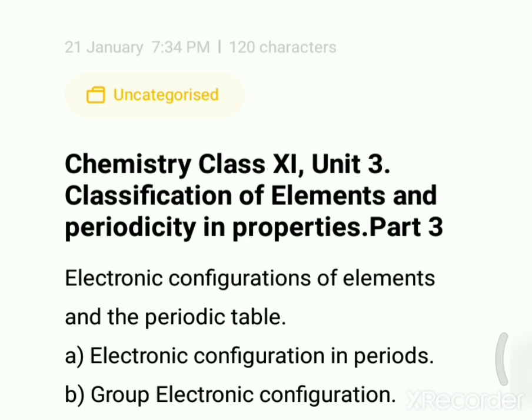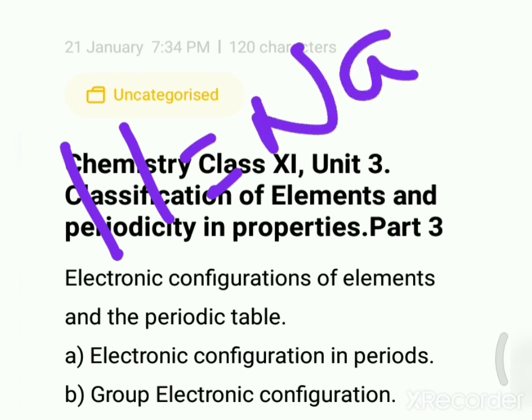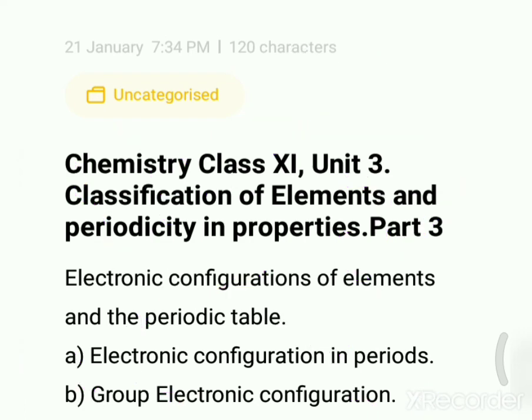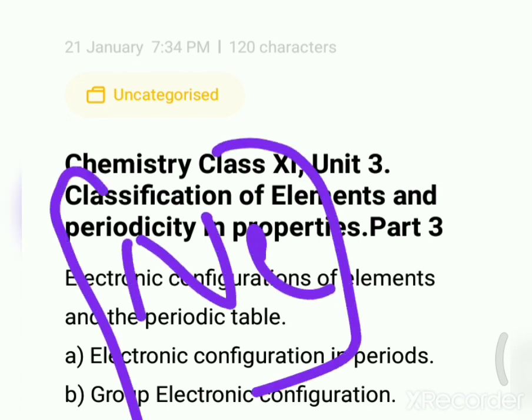Another one, atomic number 11, belongs to sodium. Here the electronic configuration is 1s2 2s2 2p6 3s1. You can write it in the simple form as neon bracket 3s1. This is about sodium having atomic number 11.